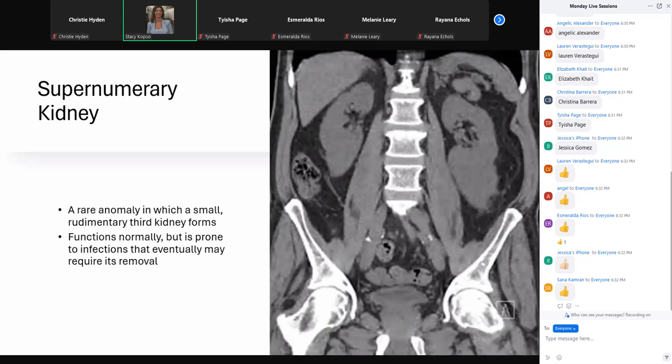Okay. Supernumerary kidney, our first pathology, is a rare anomaly in which a small rudimentary third kidney forms. I'm not sure if you can see my mouse, but I'm pointing to the third kidney down here on the patient's right side. It functions normally, but it's prone to infections that may eventually require removal.